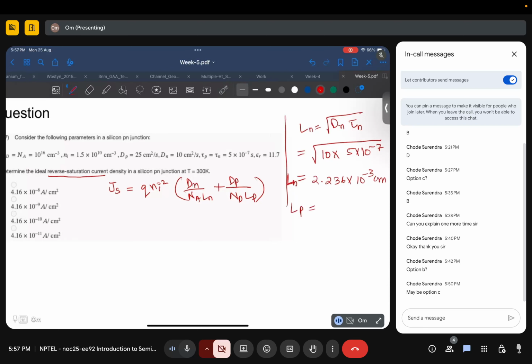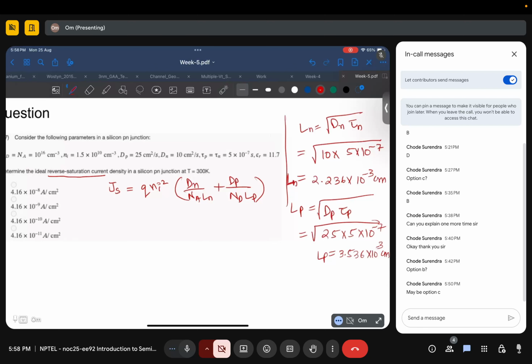Similarly, Lp is under root Dp tau p. If you substitute the values, which is 25 into 5 into 10 to the power minus 7, Lp comes out to be 3.536 into 10 to the power minus 3 centimeter.